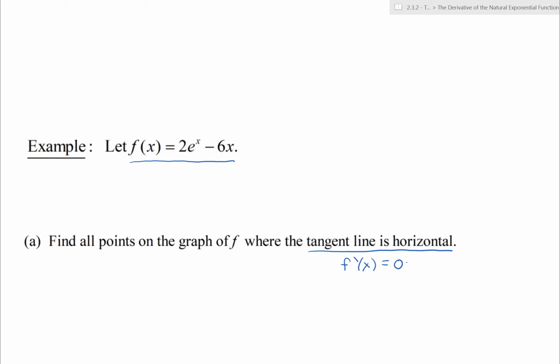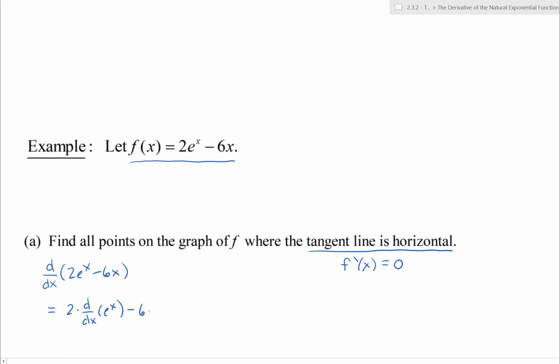So in order to do that, we'll have to find the derivative. So let's find the derivative. All right, well, the derivative with respect to x of 2e to the x minus 6x. We can use our sum and difference rules for derivatives. So this is the same as 2 times the derivative with respect to x of e to the x. So notice I also use the constant multiplier rule there.